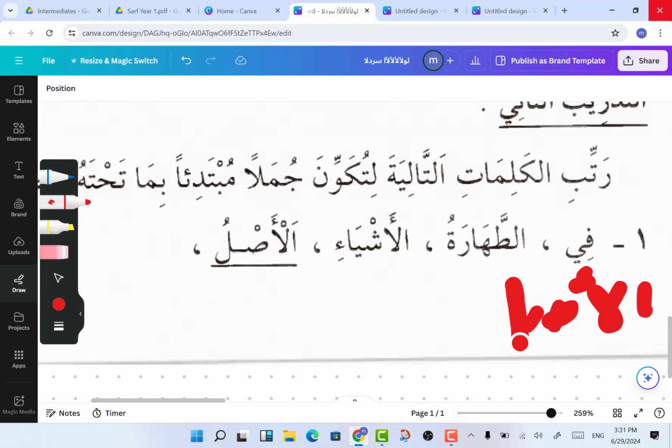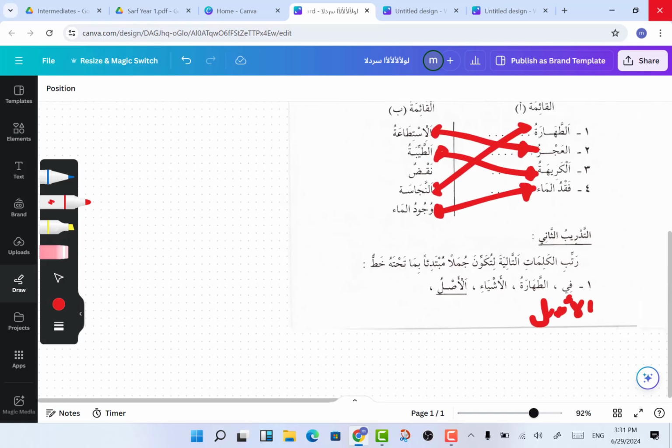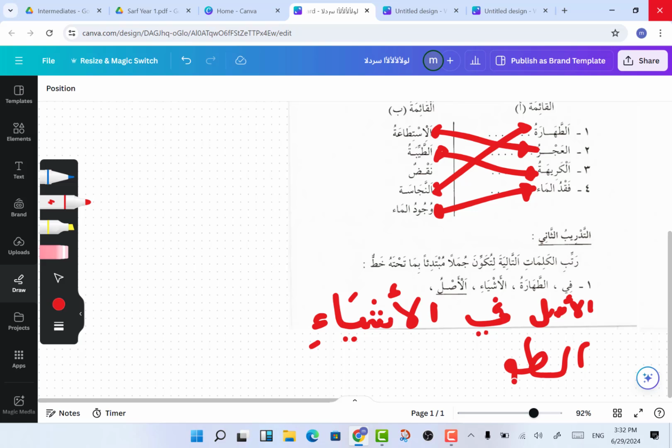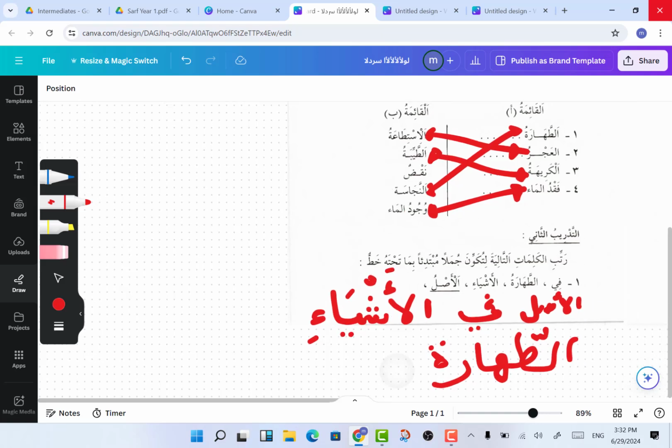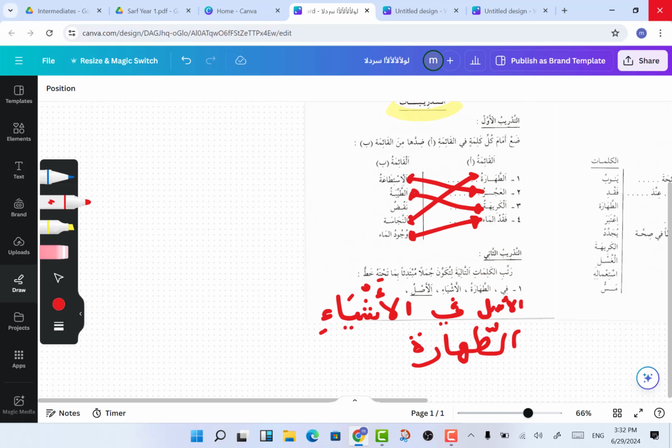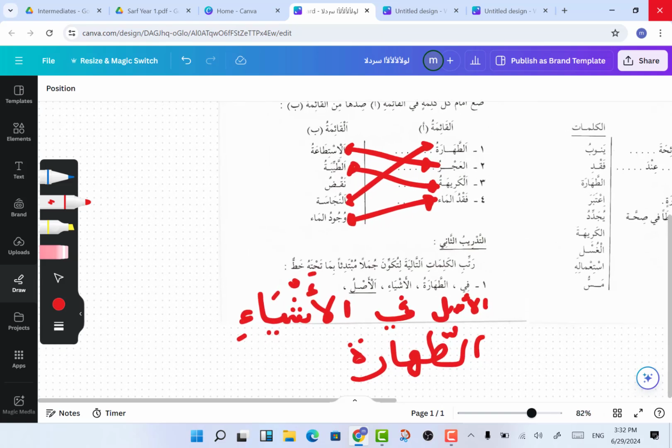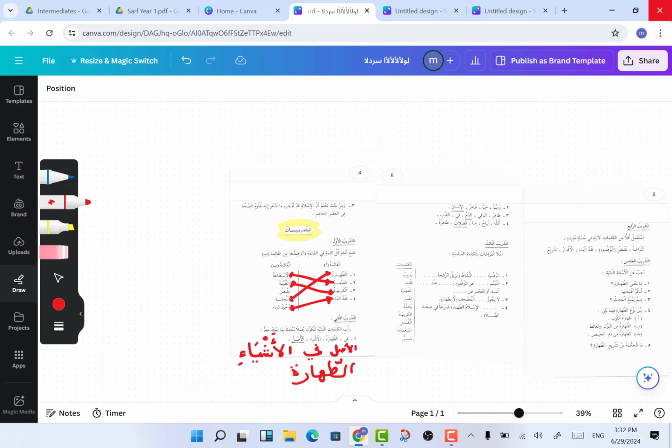Al-aslu fil ashya at-taharatu. The basis of all things is that it is pure, it is clean.